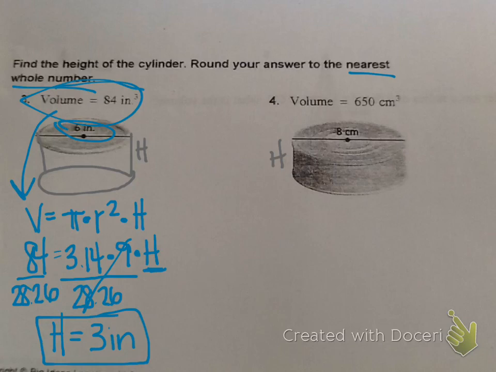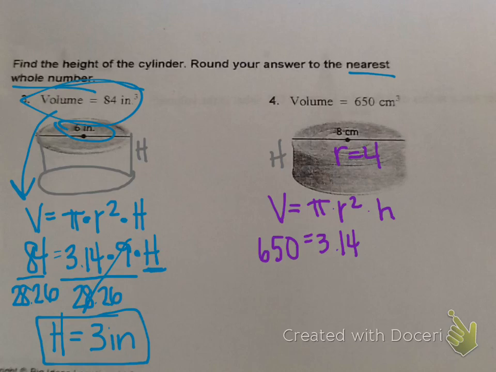Let's try the next one. If the volume is 650, I know that I find the volume by doing pi times radius squared times height. So I fill in my 650 for my volume, 3.14 here. The diameter is 8, so the radius is 4. 4 squared is 16.